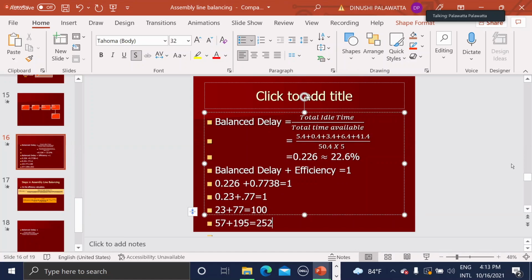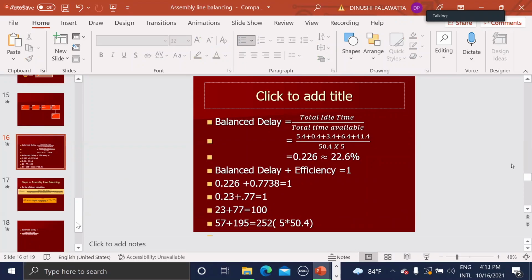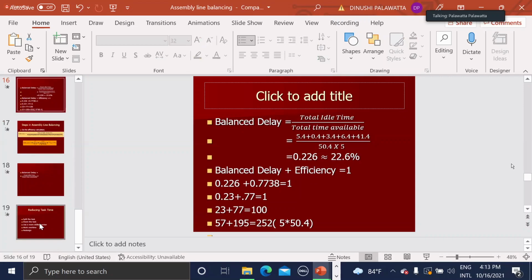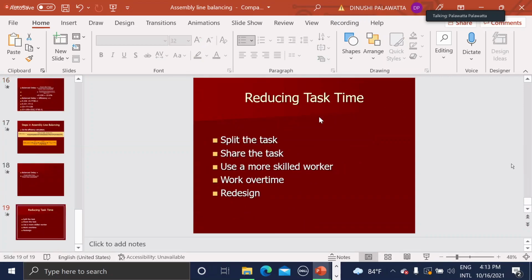We got 252 by 5 multiplied by 50.4 seconds. So this is how you check this one.